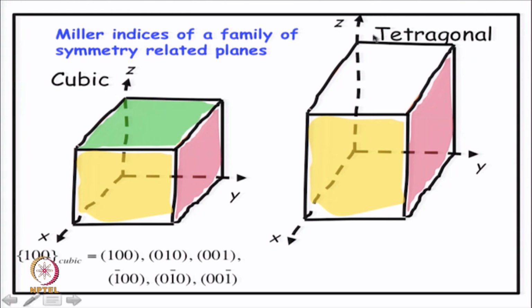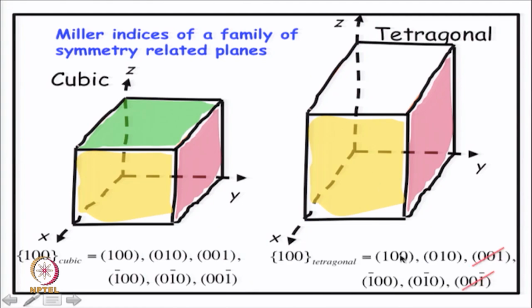But then the horizontal face, the base or the roof of the tetragonal unit cell, is the 0 0 1 plane. This is a square face and it is not equivalent. There is no symmetry operation of the tetragonal system which will take this vertical face into a horizontal face, and geometrically we can see that there cannot be any mapping of a rectangle to a square. So, when I say 1 0 0 tetragonal, the horizontal faces are not members of that family.